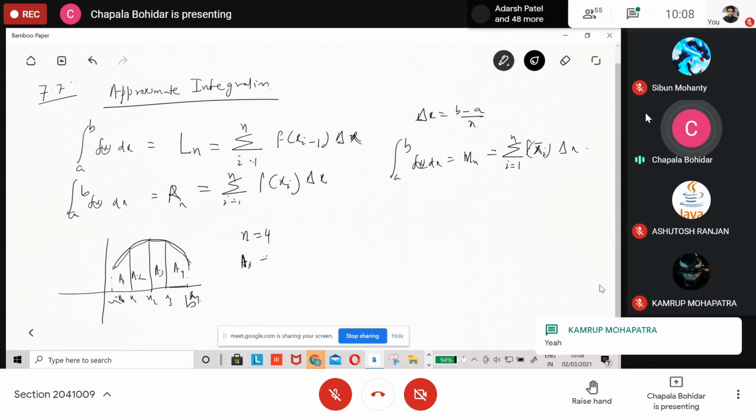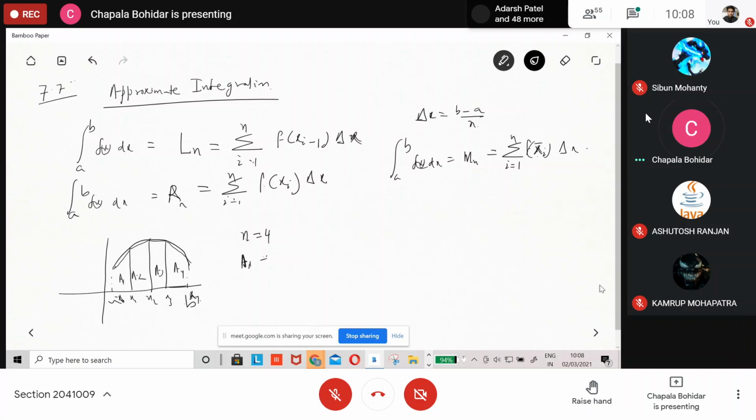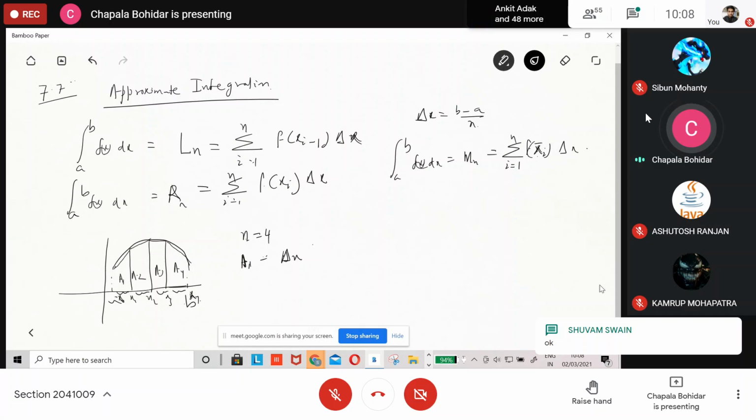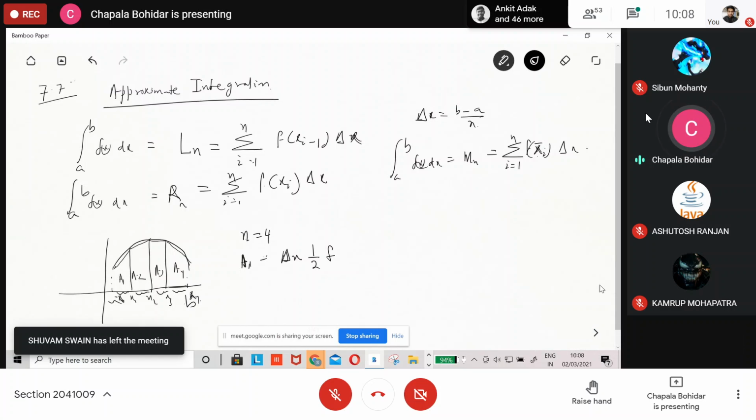So area A1 is equal to half into f(x0) plus f(x1) into height, our del x, the equal width. So A1 is del x into half of f(x0) plus f(x1). Is it not?